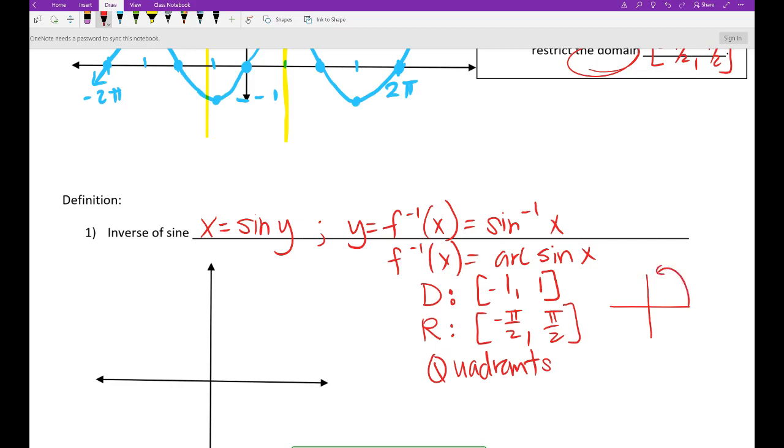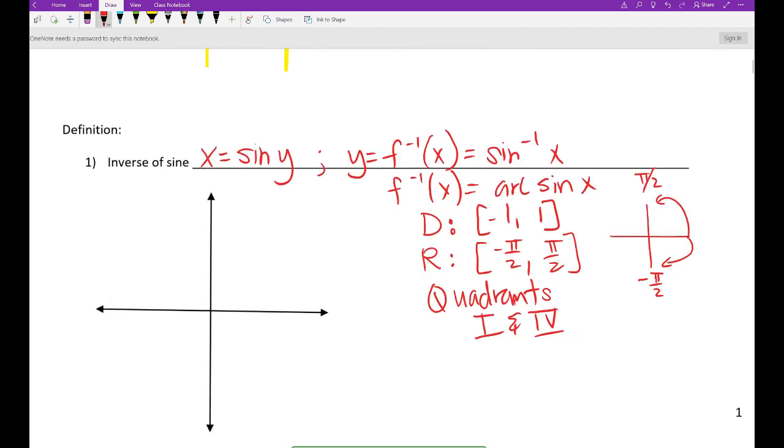Is that pi over 2? Where's negative pi over 2 at? Bottom. So what two quadrants is sine inverse in? 1 and 4. Quadrants 1 and 4. So sometimes I mention the quadrant because it's just easier to say, and sometimes we mention negative pi over 2 to pi over 2 because it's relating back to the circle.